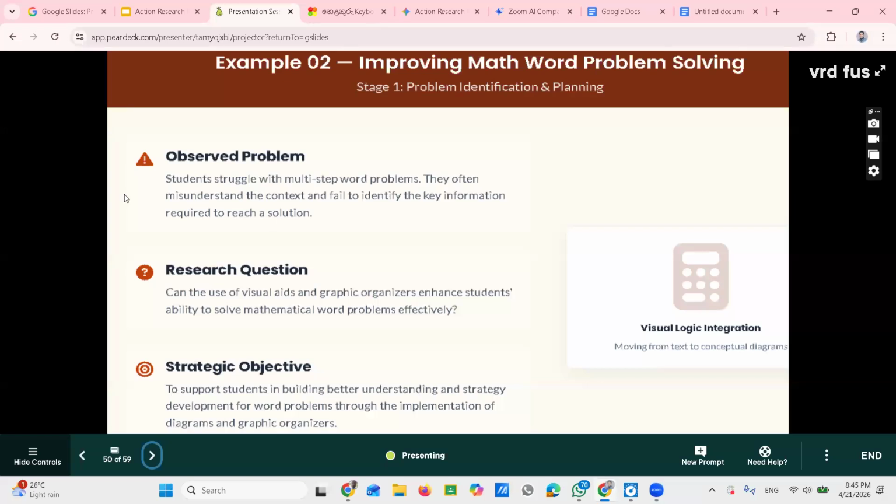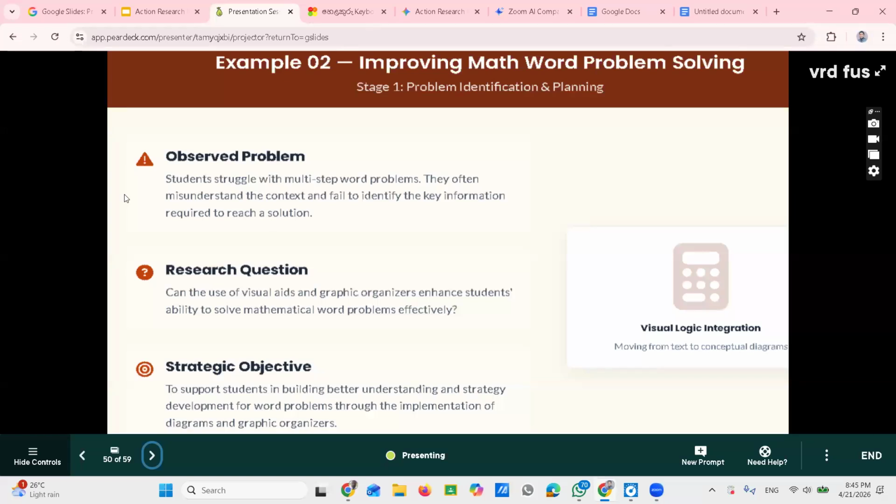The solving technique is available, and what are they going to apply it to? To solve mathematical word problems effectively. Both the question and the way of solution are available in the question. Therefore, this research question is better than the previous one.